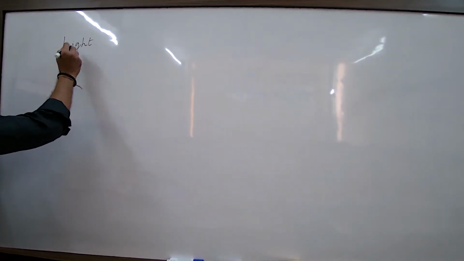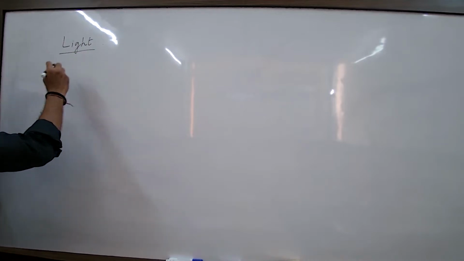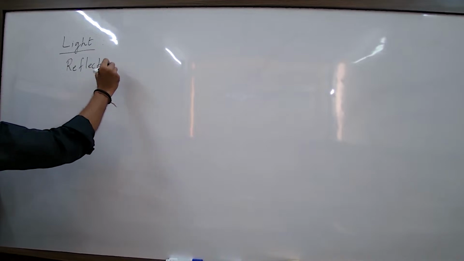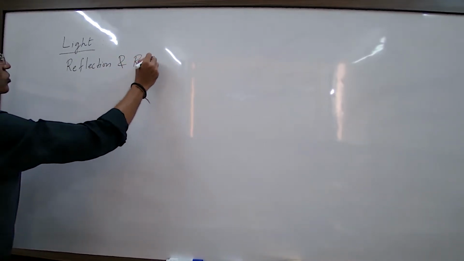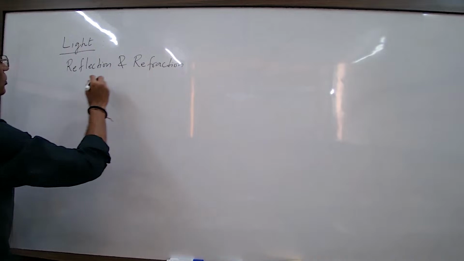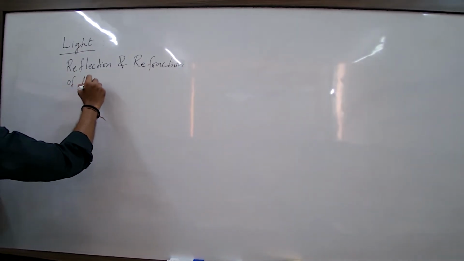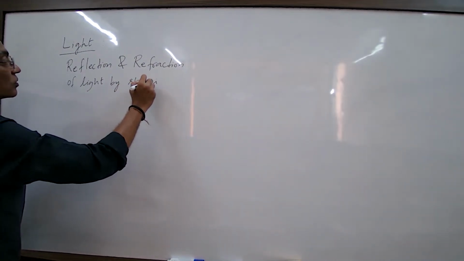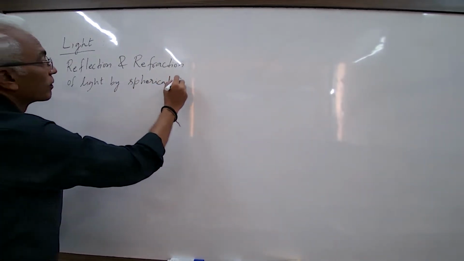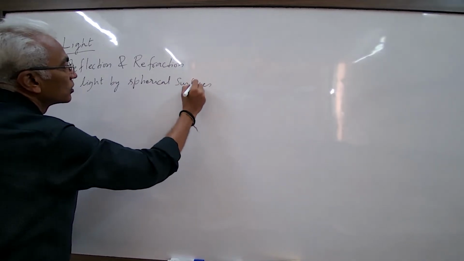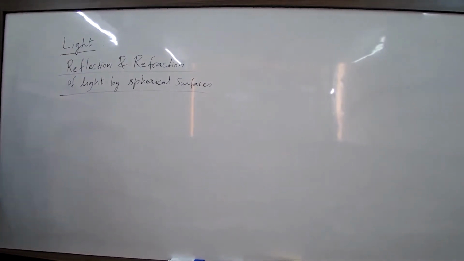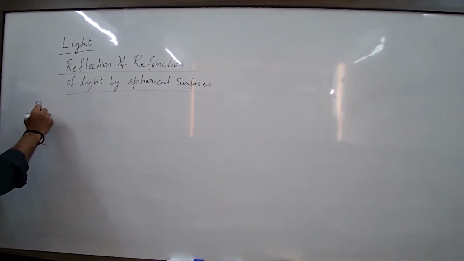In this, we'll understand what is light, and basically we have to understand reflection and refraction of light by spherical surfaces. This is the topic of this chapter. Primarily, we are going to understand this. So, some recap before we proceed.